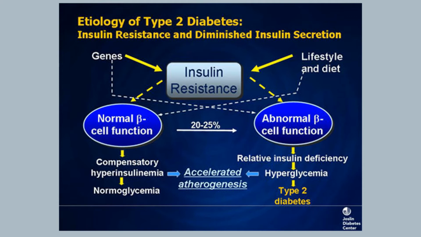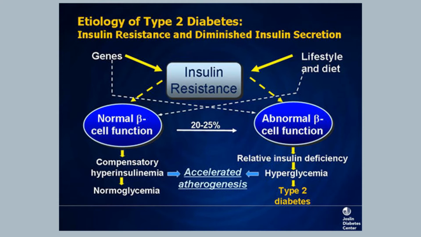If you have genetic predisposition, you do not have to be obese to develop type 2 diabetes. A patient either has genetically programmed normal beta cells or genetically programmed abnormal beta cells. If it's normal, then he will compensate and remain normal glycemic.